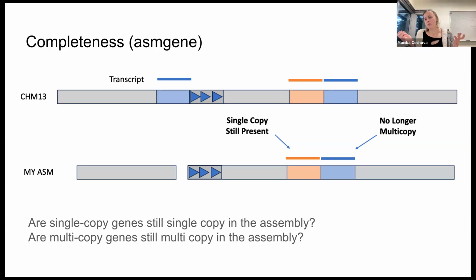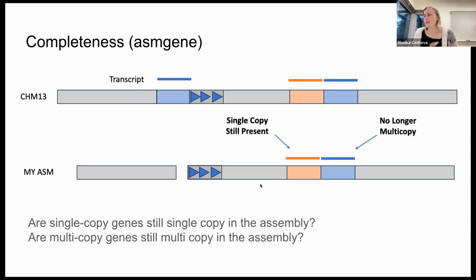And so maybe one way to go around this issue is to look at something that we do expect to be more or less conserved. In this quality metric, what you're asking is whether the single copy genes that you know are in the human reference are still single copy in the assembly, and whether the multi-copy genes that you would expect to find in the reference are still multi-copy in the assembly.